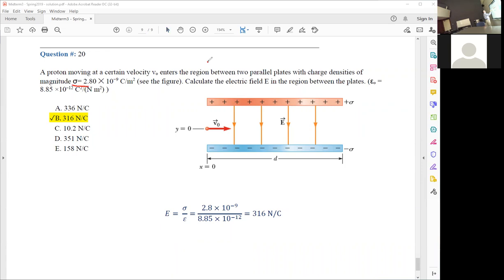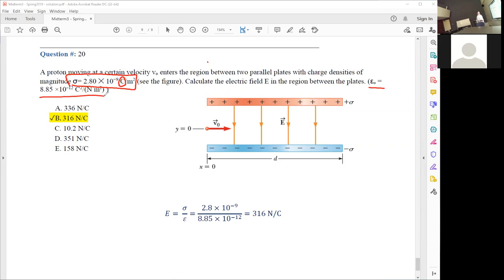We're given the charge density, sigma equals 2.8 times 10 to the negative 9 coulomb per meter squared. Calculate the electric field E in the region between the plates. We're giving you epsilon naught, the permittivity of free space.